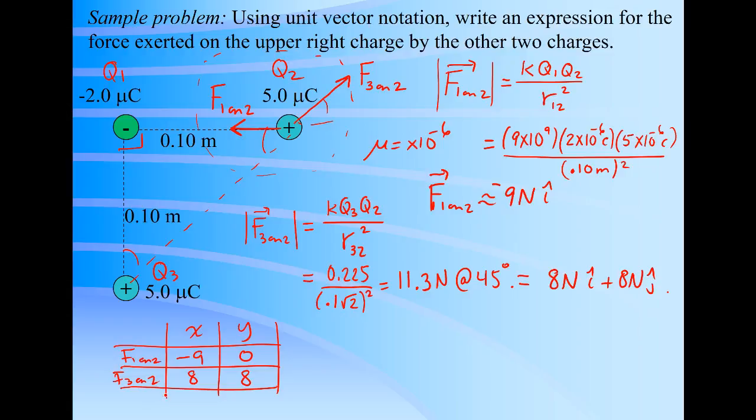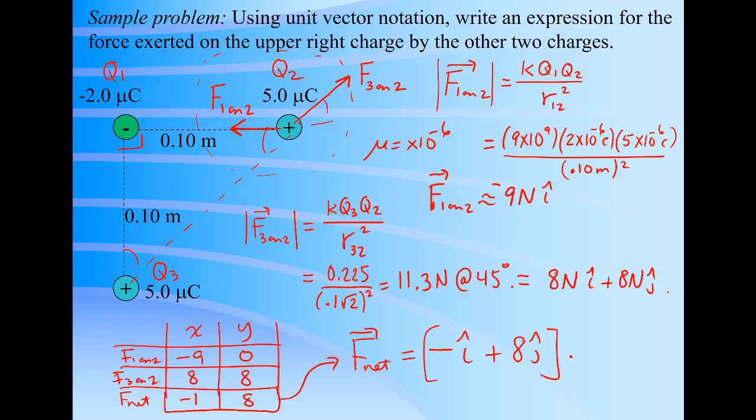And then adding up, we would get that the net force in the x direction would be negative 1, and in the y direction would be positive 8. This means that our F net in unit vector notation would be negative i-hat plus 8 j-hat, and that would all be in newtons. So feel free to pause if you need to work through this a little bit yourself.